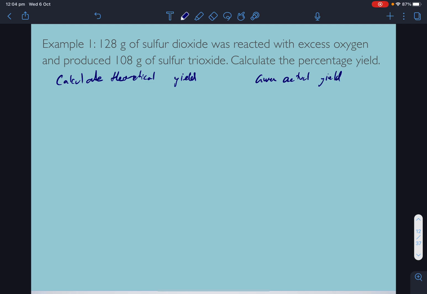So they have given us an actual yield here, and we can calculate the theoretical yield from the information given in the question.